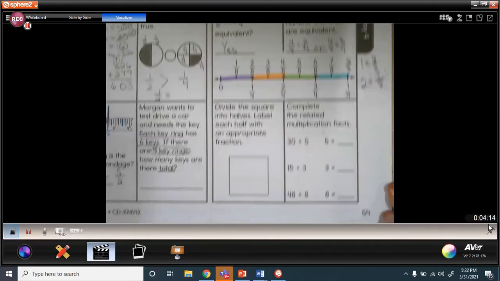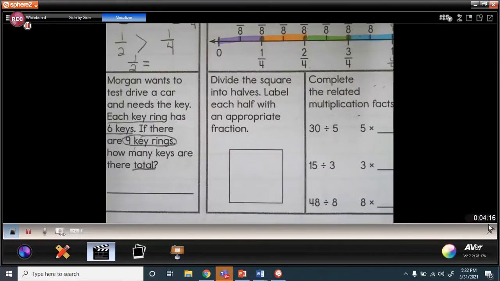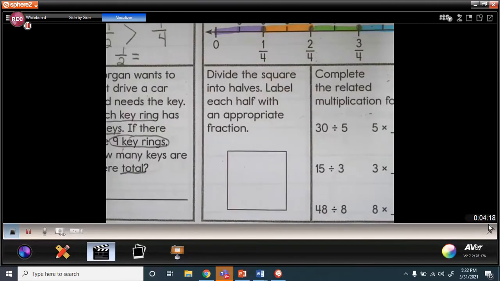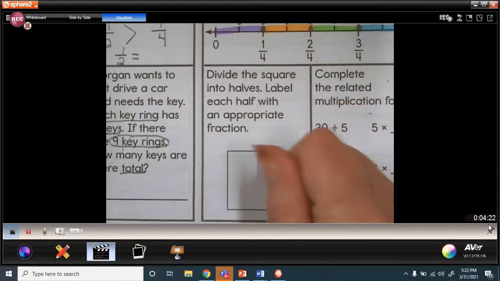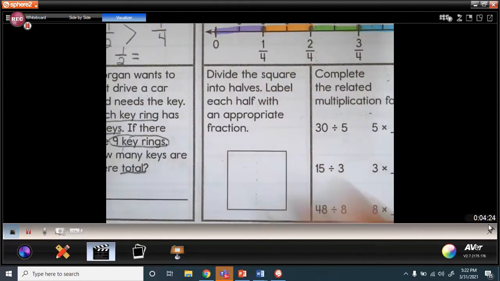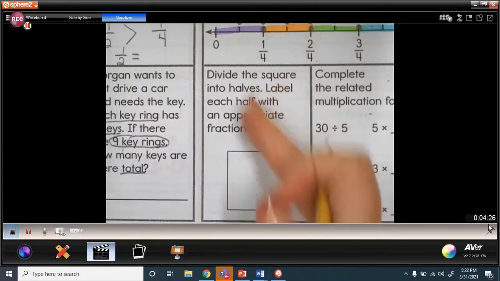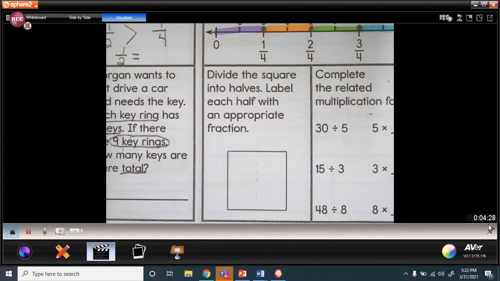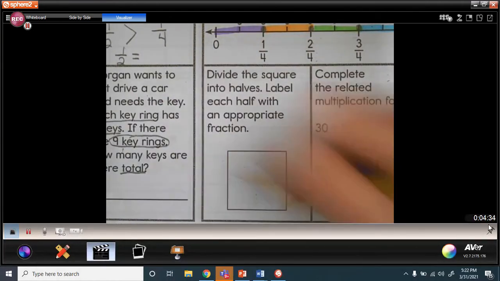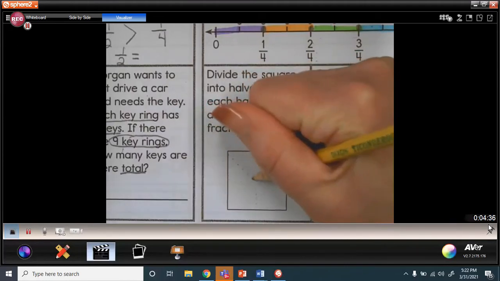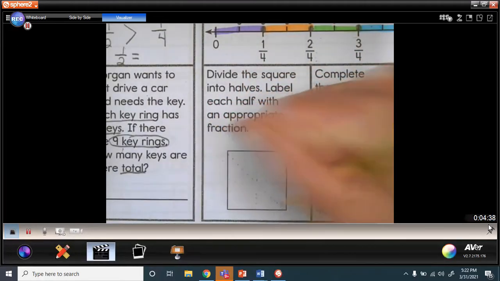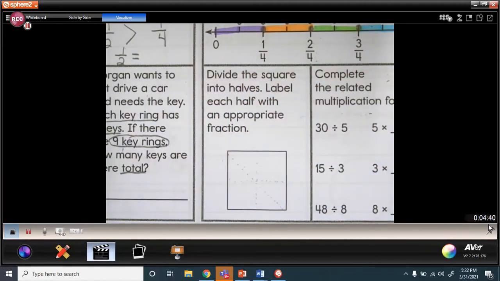It's also a fraction problem. I'm going to zoom in here. Divide the square into halves. Now remember, you can either go down the middle vertically, you can go down the middle horizontally, or you can go down the middle diagonally.